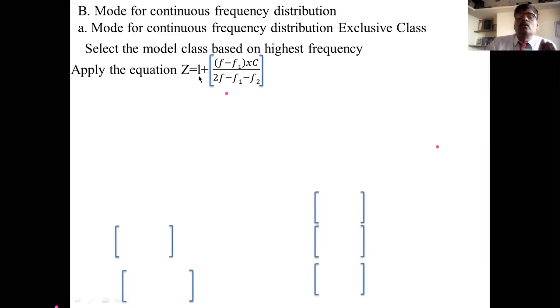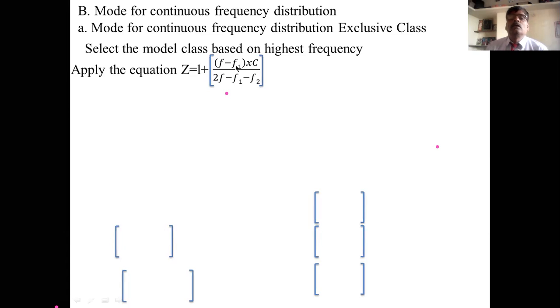Z is equal to L, the lower limit, plus (F minus F1) into C, the class interval, divided by (2F minus F1 minus F2). F means the frequency related to the modal class.